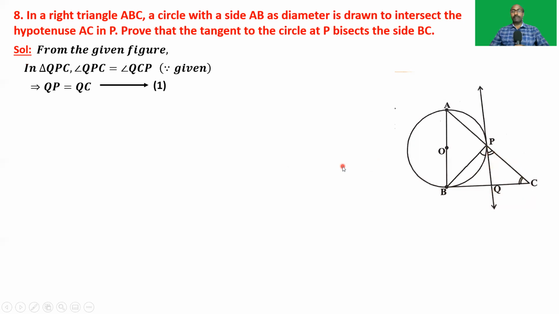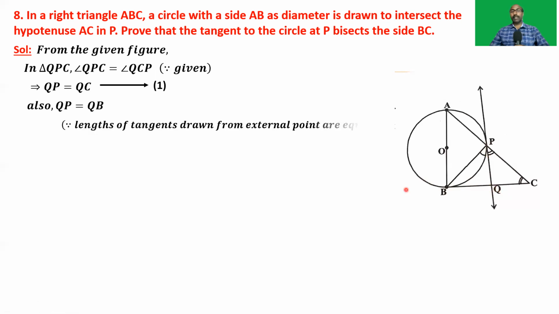Take it as equation 1. And here QP and QB are the tangents drawn from Q, which is the external point, to the circle. So the lengths of QP and QB are equal because lengths of tangents drawn from an external point are equal. Take it as equation 2.